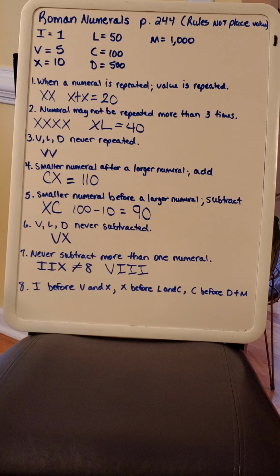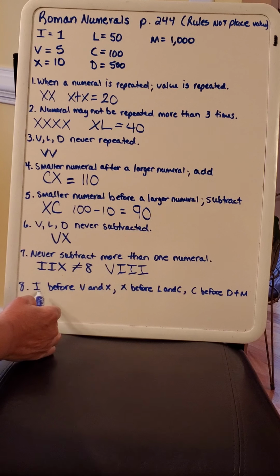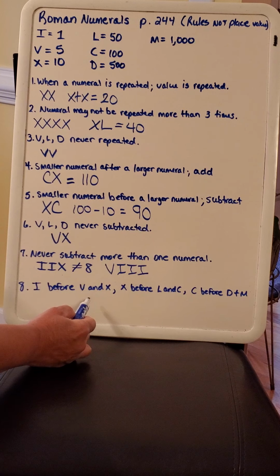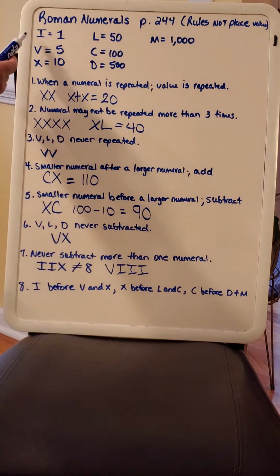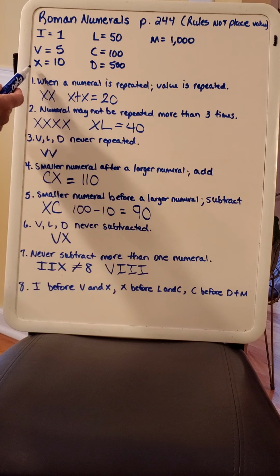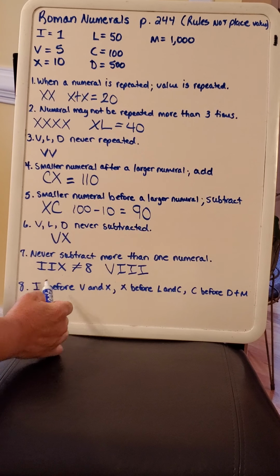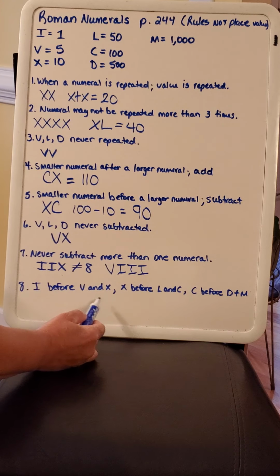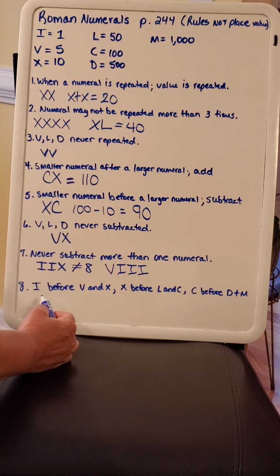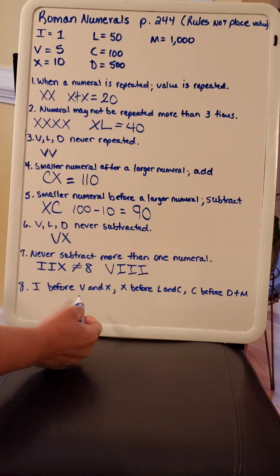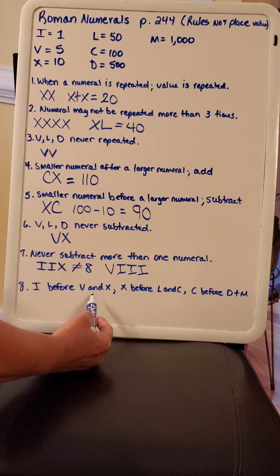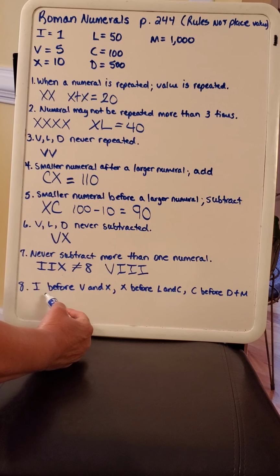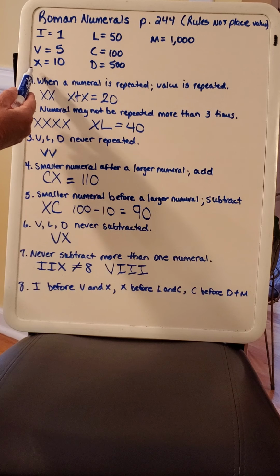So what's happening here is you can only use the next two largest numbers. So here we have I, the next two largest numbers are V and X. So I will come before V and X, but you wouldn't put I before L. L is 3 letters away from I. So you can only do the next two largest. X is 10.